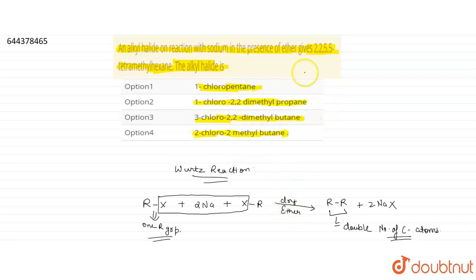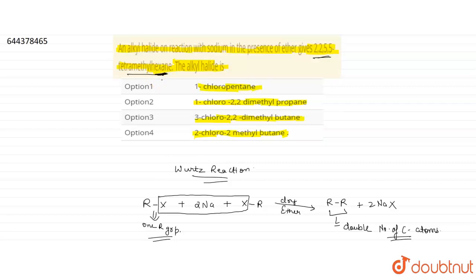Now we have the product formed as 2,2,5,5-tetramethylhexane, and we have to identify from which alkyl halide this product can form. We have hexane, that means we have an alkane of 6 carbon atoms.